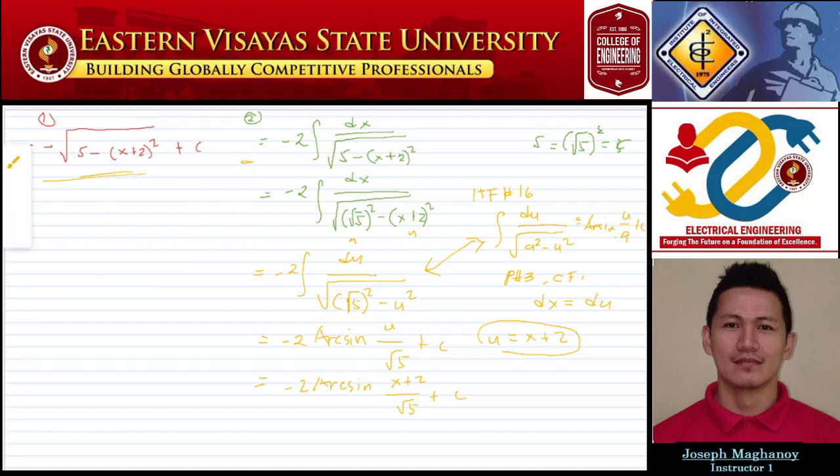So moving to our final answer: negative square root of 5 minus x plus 2 squared plus c, minus negative 2 arc sine x plus 2 over square root of 5 plus c.